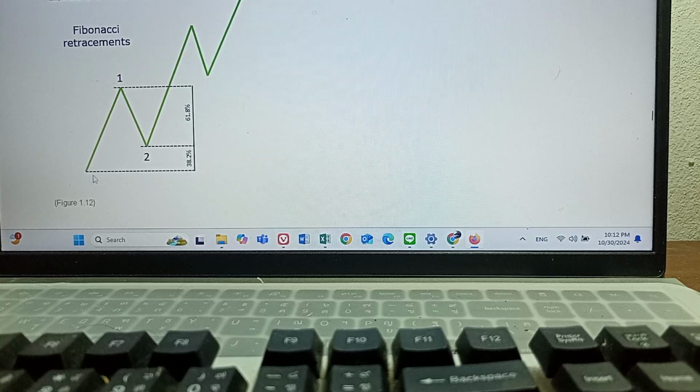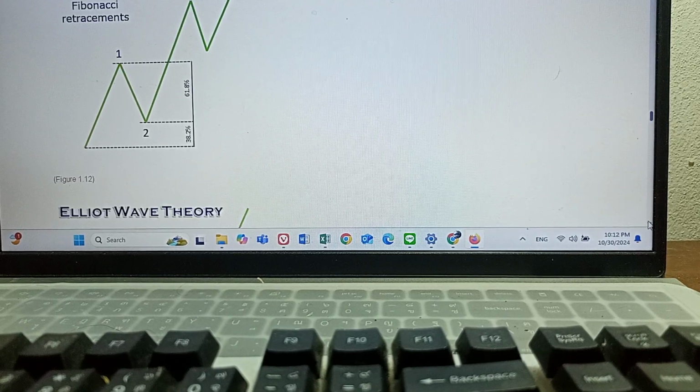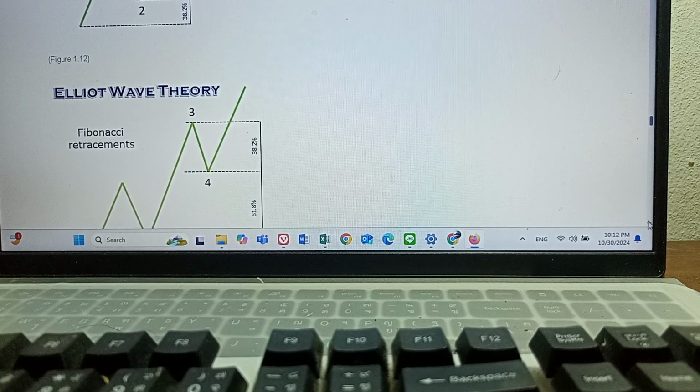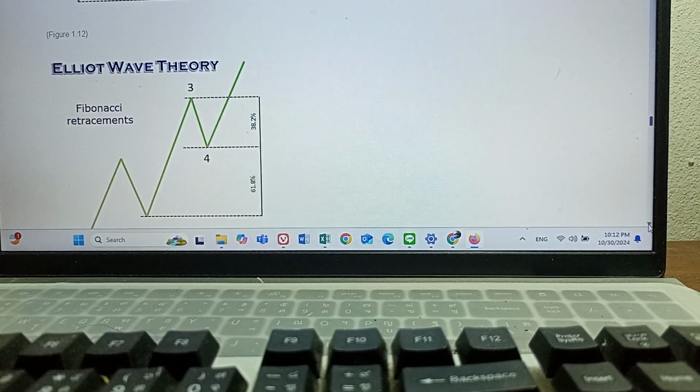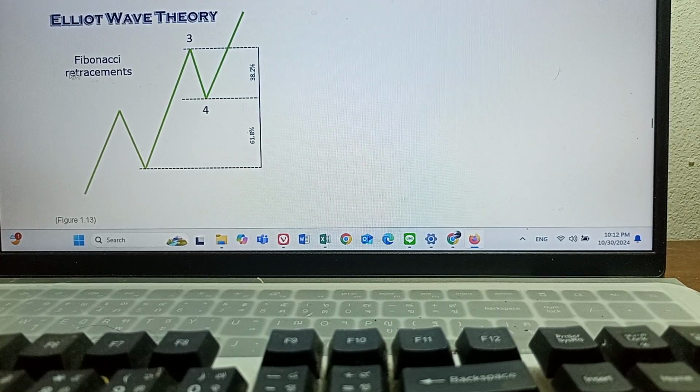This is 0, 38.2 retest from 61.8%. Figure 1.12. Elliott Wave theory, Fibonacci retracement. Wave 4 retraces from wave 3 by 38.2%.